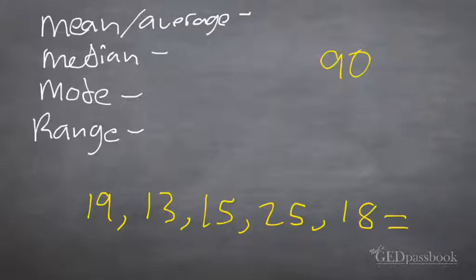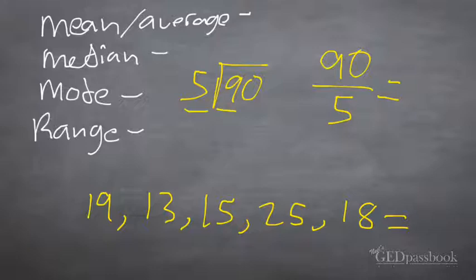You then get that total number, and then you divide it by how many numbers there were. We said 5, right? So then you divide 90 by 5. What's 90 divided by 5? Well, you could do it on the side, somewhere on your scratch paper. How many times does 5 fit into 9? Once, leaving a leftover of 4.